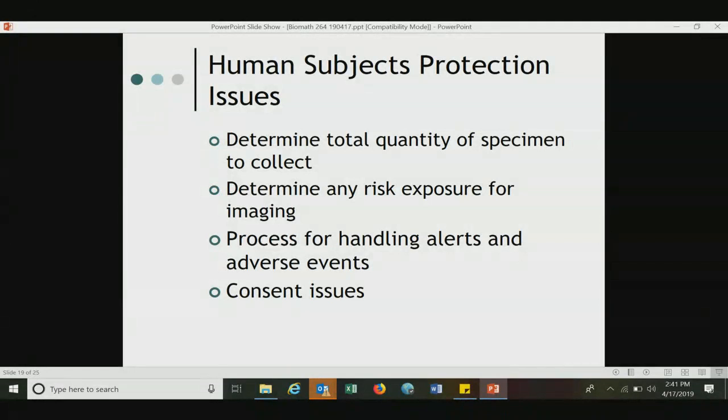But other stuff you can maybe tell people through a letter a week later, or some stuff you just say in a month, it'd be good for you to get hold of your physician. So just think through how important the alert is, and not everything is of the same importance.